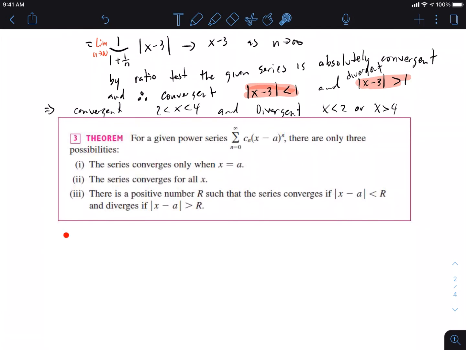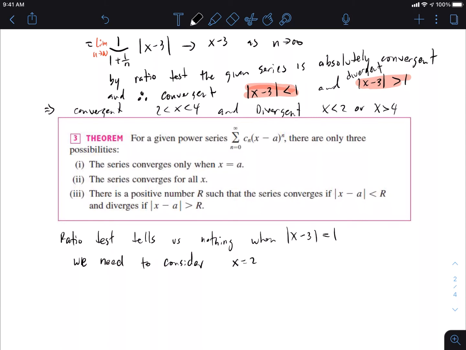So the ratio test tells us nothing when the absolute value of x minus 3 is equal to 1. So that means we need to consider x equals 2 and x equals 4.